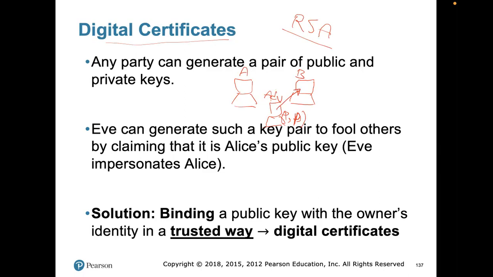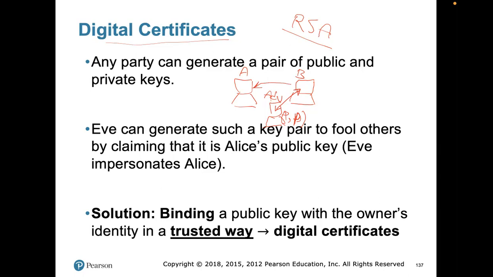If you want to communicate with me, you can use that key. And this way, the adversary can fool Bob or any party and receive the information which was supposed to be securely delivered only to Alice.